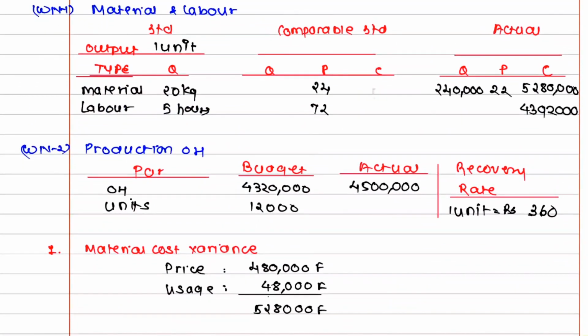So can you give me this value? What was my expected cost? Variances are favorable, right? So we must have saved: standard cost minus actual cost is the variance. 52 lakh 80,000 plus 5 lakh 28,000 is 58 lakh 8,000. What did you do?